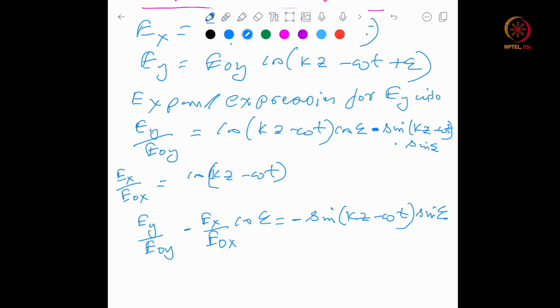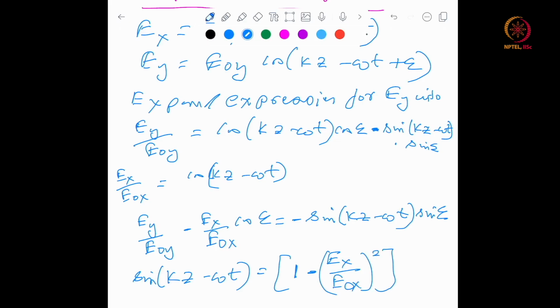So now, if you look carefully at this equation, you can say that sin(kz − ωt) equals (1 − (Ex/E0x)²) raised to the power of half.